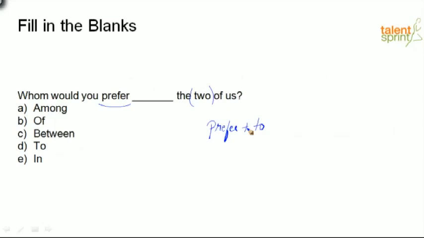Though most of us will likely choose between, keeping in mind to, however, you need to understand that prefer is always followed by the preposition to. So keeping that in mind, the answer is option D. Whom would you prefer to, the two of us?